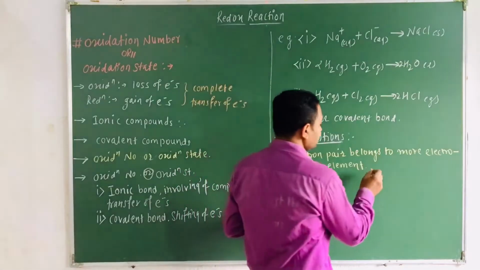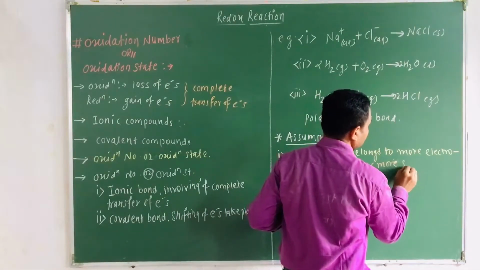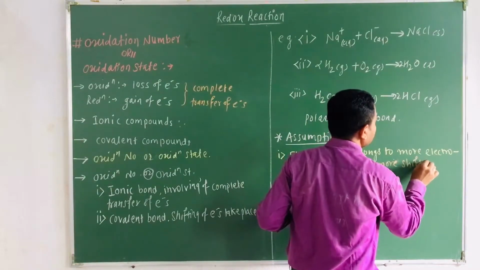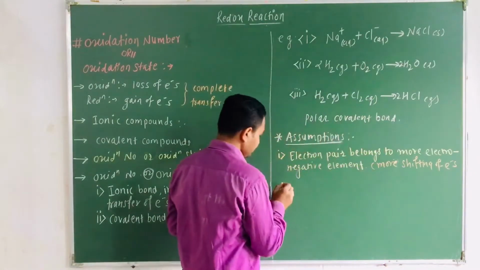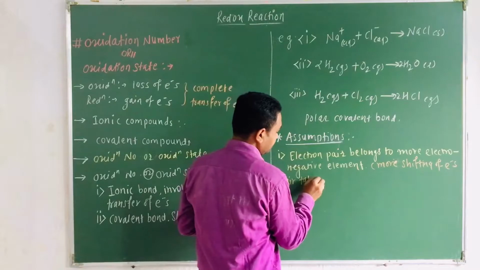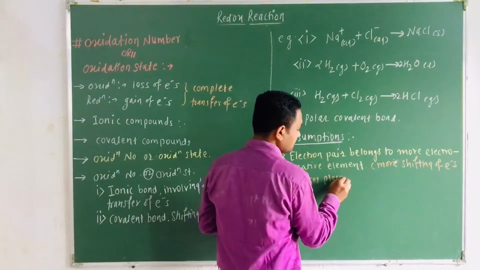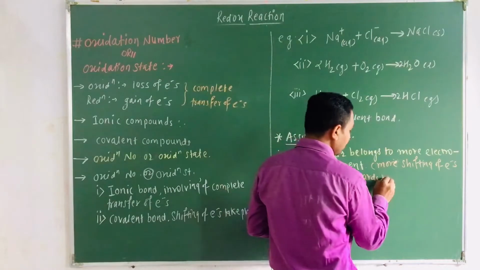The first assumption means that there is more shifting of the electron pair towards the more electronegative element.